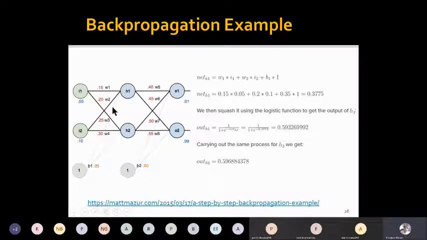B1 is 0.35, this connection. So H1 has 3 incoming links, W1, W2, and B1, and I am just simply multiplying them, and this is net H1.